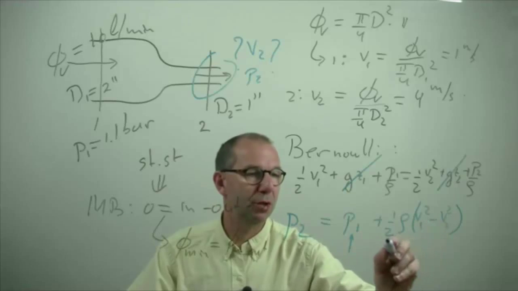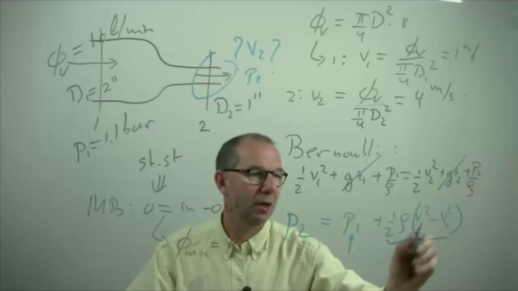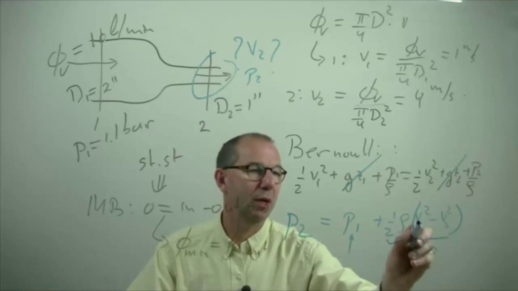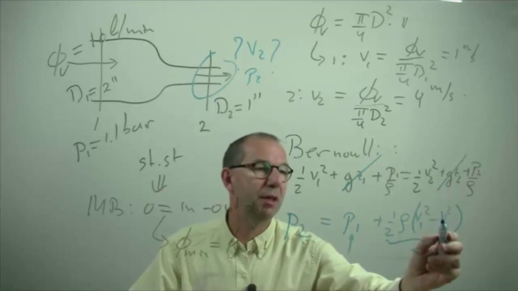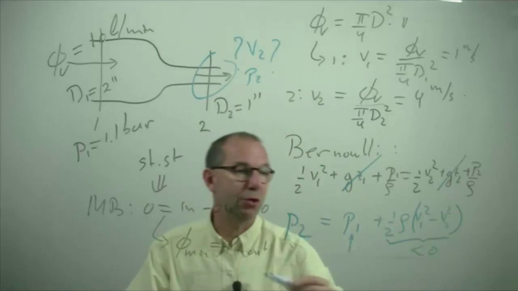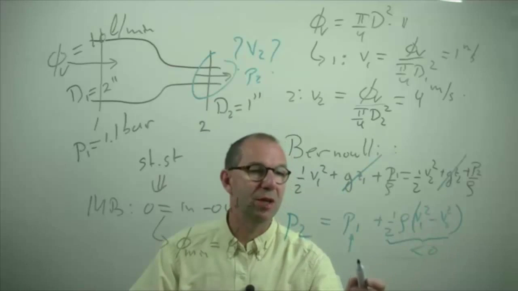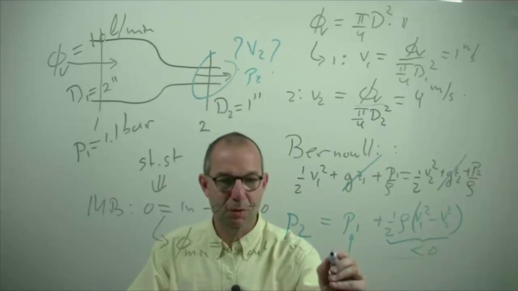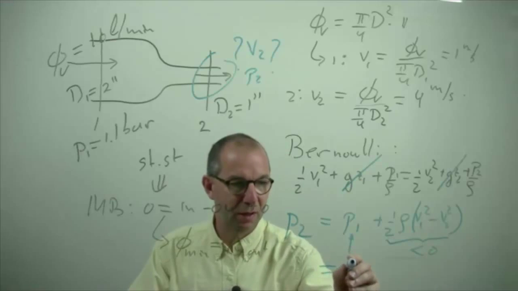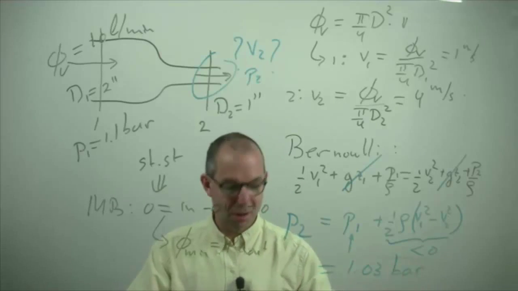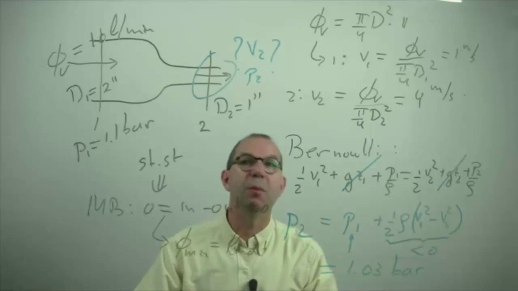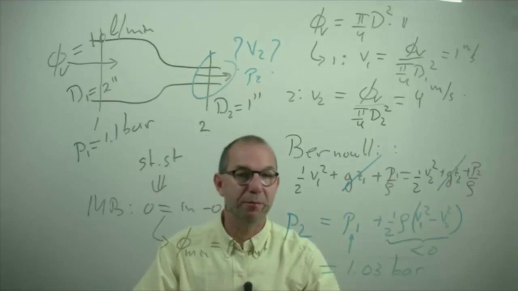These I have computed, and realize this is smaller than 0 as V1, the upstream through the bigger part of the tube, is smaller than downstream through the narrowed tube. Thus, this is negative, hence P2 is smaller than P1, and if you put in the numbers, you're going to get a drop towards 1.03 bar from the 1.1 bar.